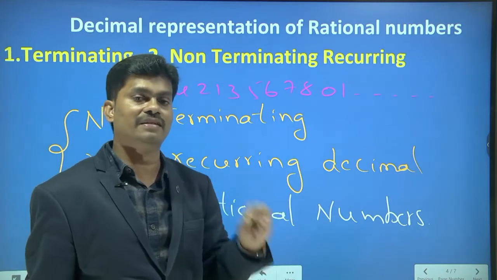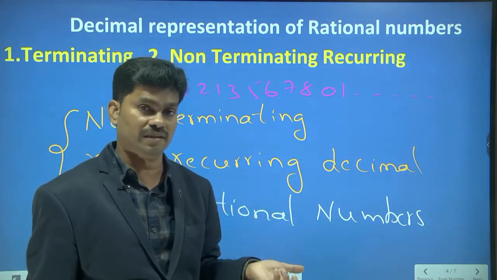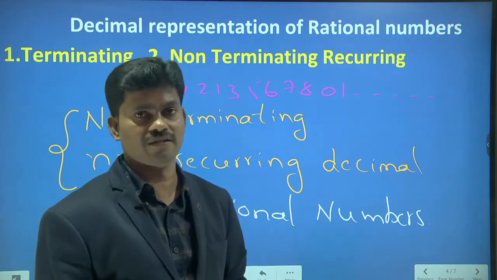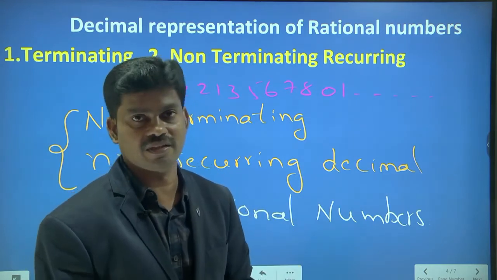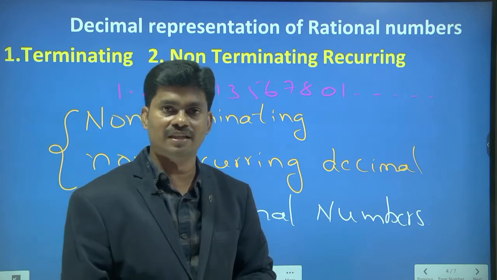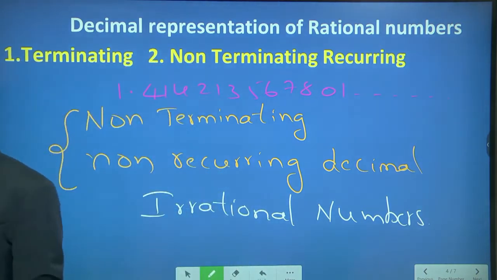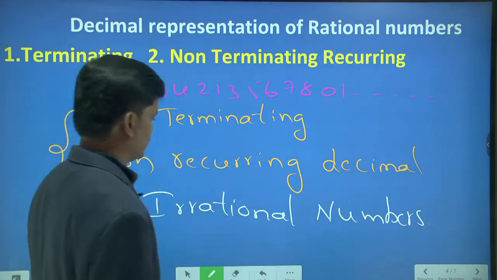So no particular digit or no particular number is repeating here. So these types of decimals we can call irrational numbers, and we are giving non-terminating, non-recurring decimals. Non-terminating, non-recurring decimals are called irrational numbers.